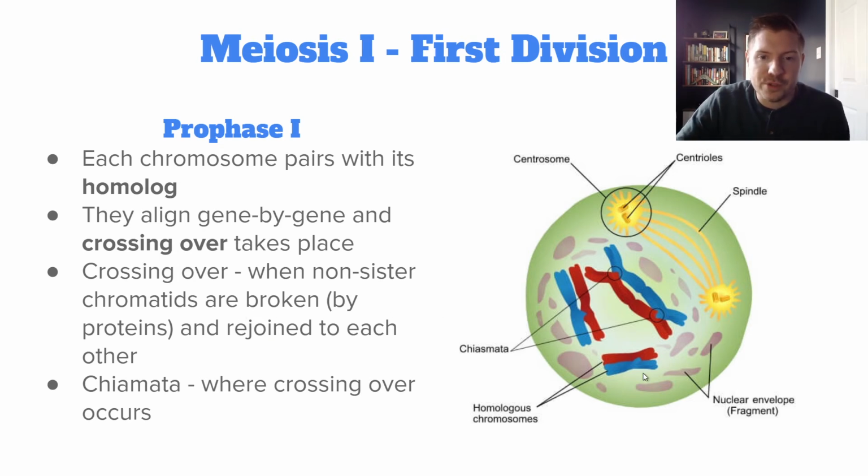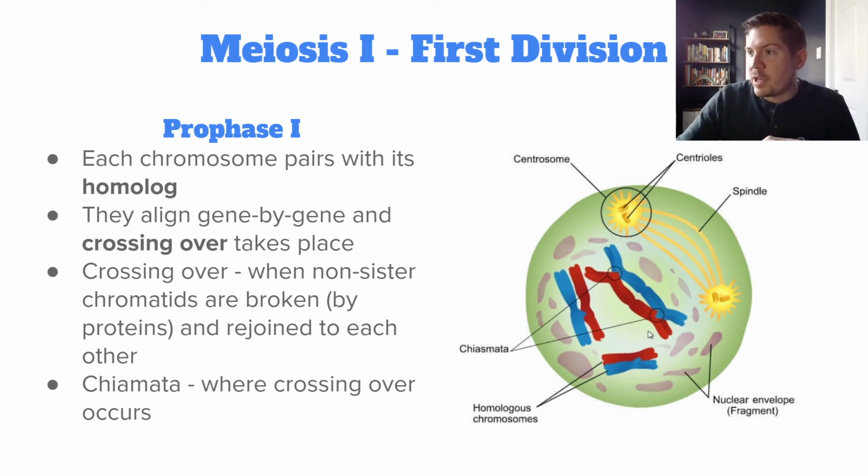So homologous chromosomes pair up, in other words. They find each other and they match up. Then a very important process occurs called crossing over, where they literally swap pieces of chromosomes. This increases the variation and can produce new versions of chromosomes not found in either parent.